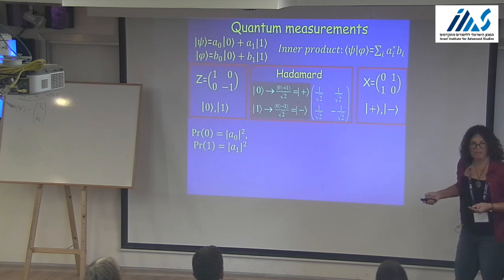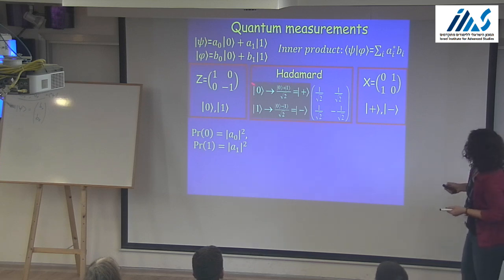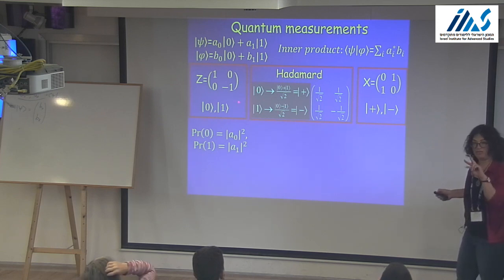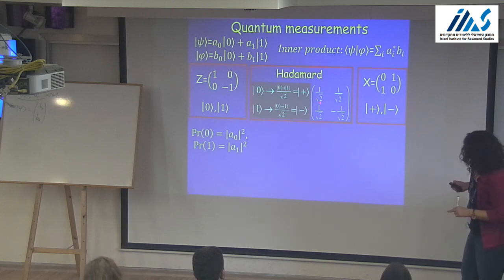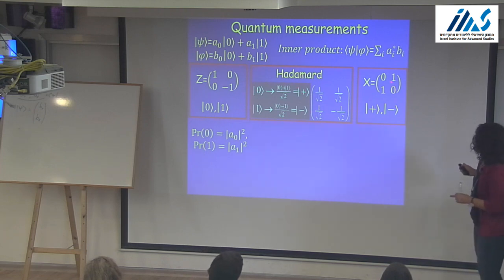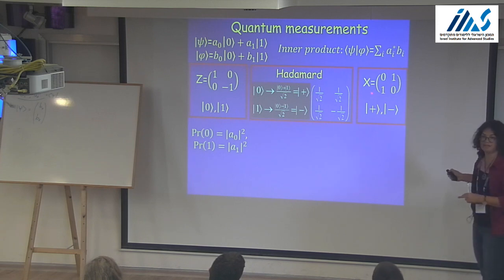We can also measure in a different basis. Think of the basis that takes the eigenbasis of Z and maps it by a Hadamard to a different basis. Hadamard is unitary, it preserves the angles. So also the new basis is an orthonormal basis. And this new basis is plus and minus. And one can check this is exactly the eigenbasis of X. X also has eigenvalues plus and minus 1 with these eigenvectors associated with them.